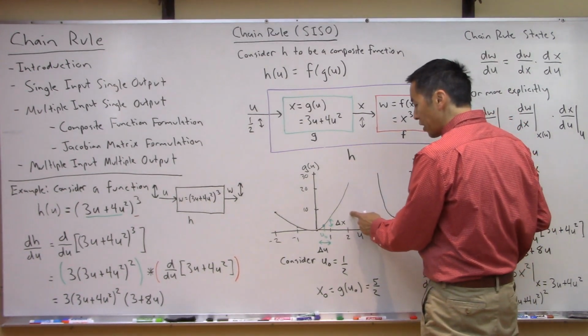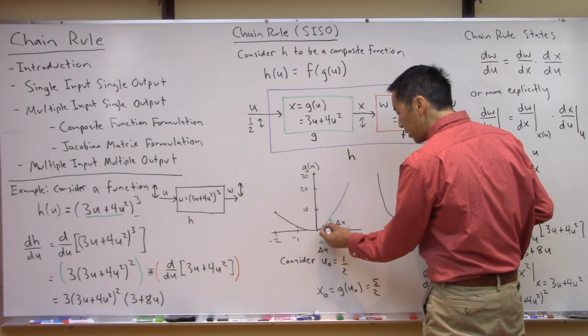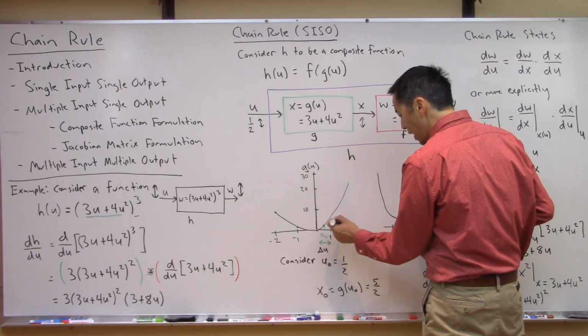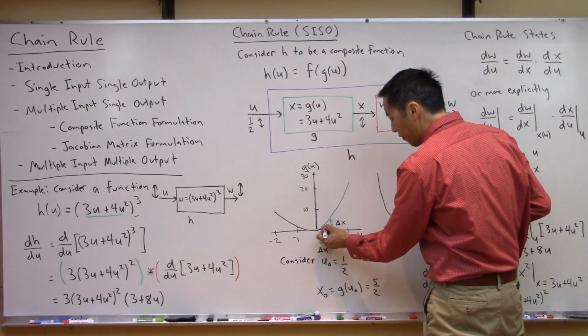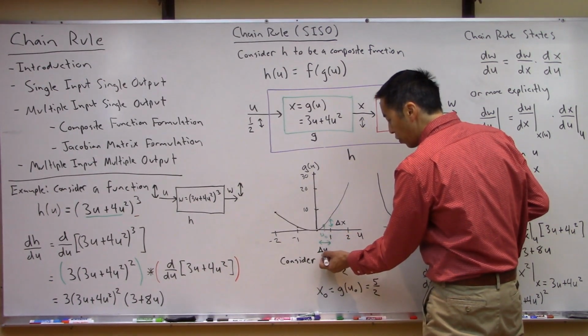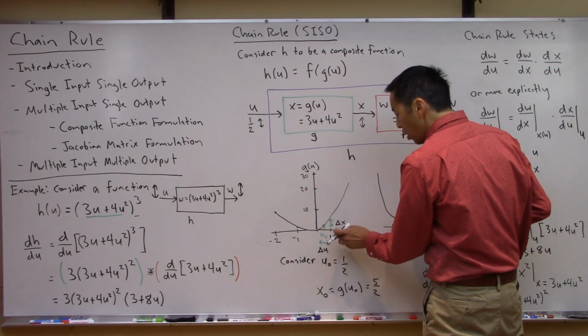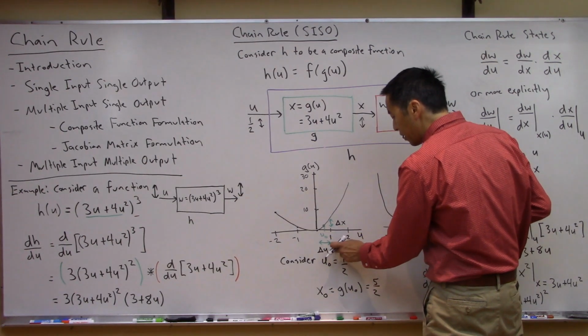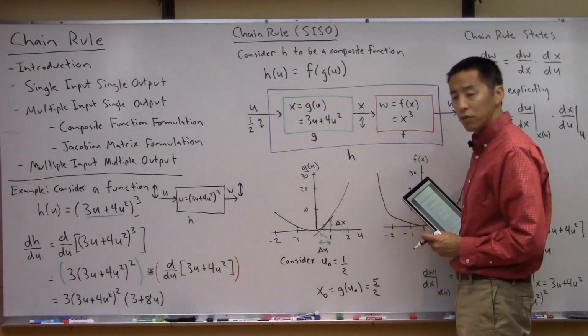But the idea here is, okay, let's consider that you are at 1/2. I've drawn this point right here. So you can clearly see in this case, if I am sitting here at 1/2 and I vary u, I have some delta u around this, I'm going to get a corresponding delta x. And the delta x is related to the delta u through the slope at this point, right?